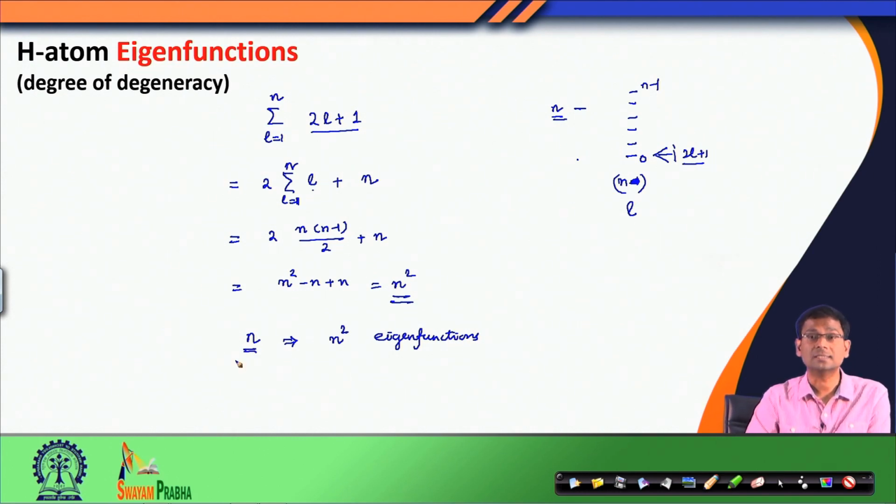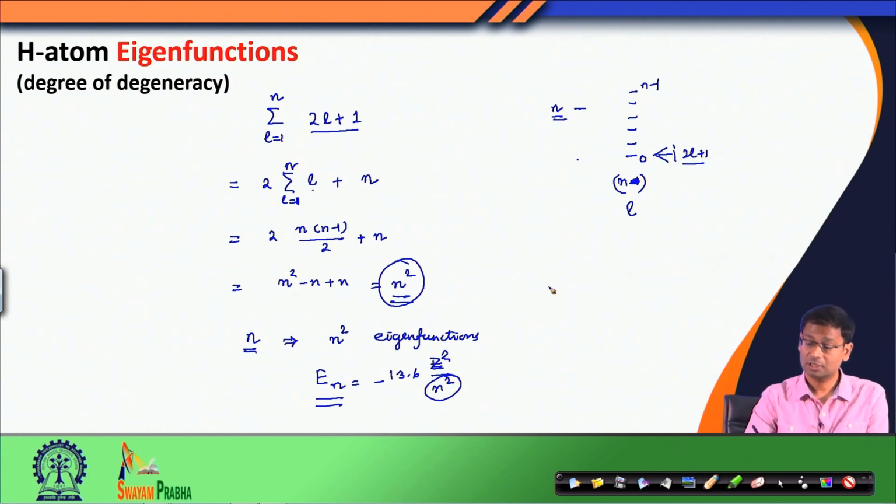What about the energies? The energy, on the other hand, depended only on one index, that is n, whereas while energy E n depended only on n, for a given value of n, I can now have n square number of eigen functions.